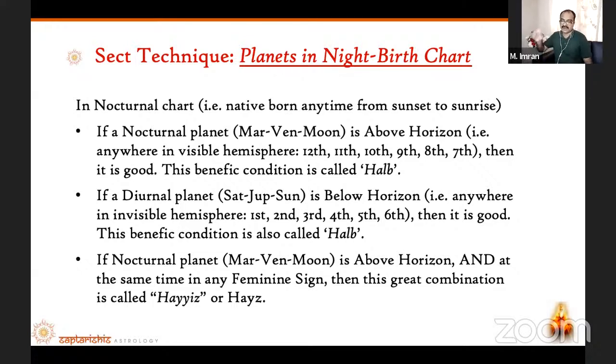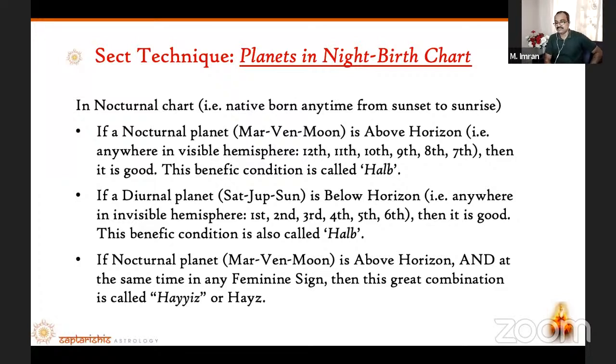This is the actual technical word. In a nighttime chart, if diurnal planets like Saturn, Jupiter, and Sun are below the horizon, in the first through sixth houses, then it is good. This benefic condition is again called Halb.